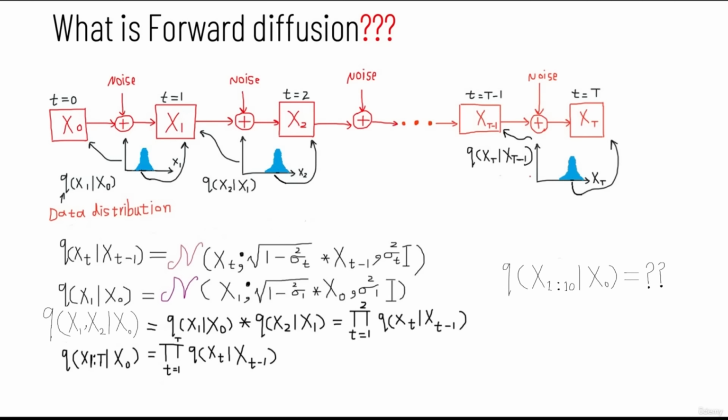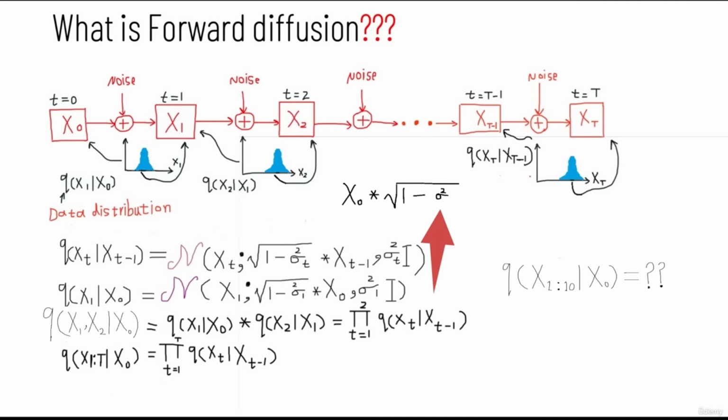Hi, in this lecture we will talk about forward diffusion. Let's say that we have clear image x0 at time step 0, and here we will add Gaussian noise to this image, and we will get this Gaussian distribution. The mean of this Gaussian distribution will be equal to x0 times the square root of 1 minus the variance.